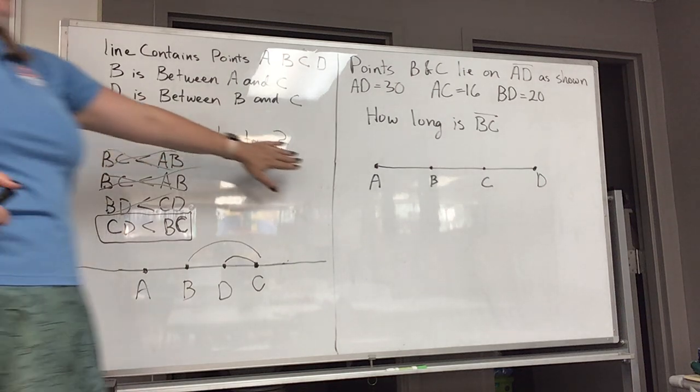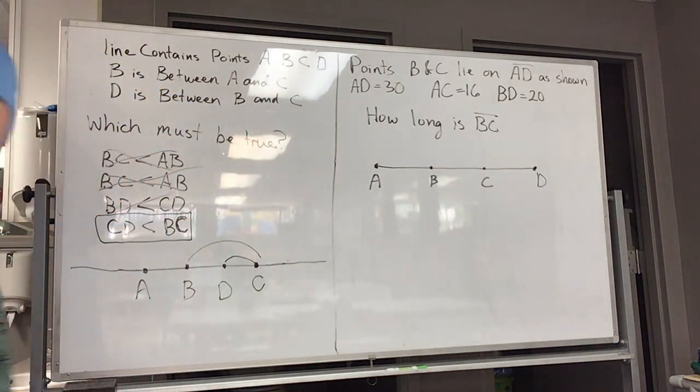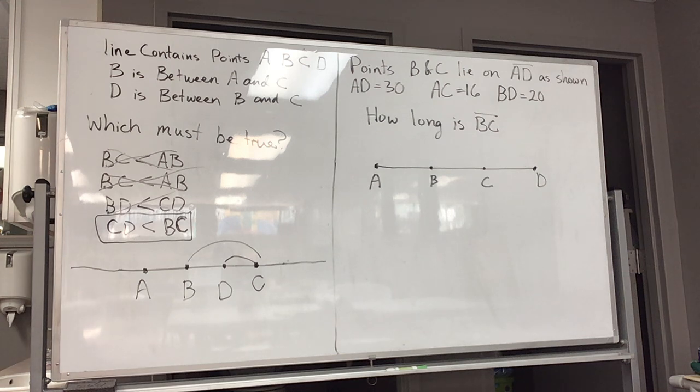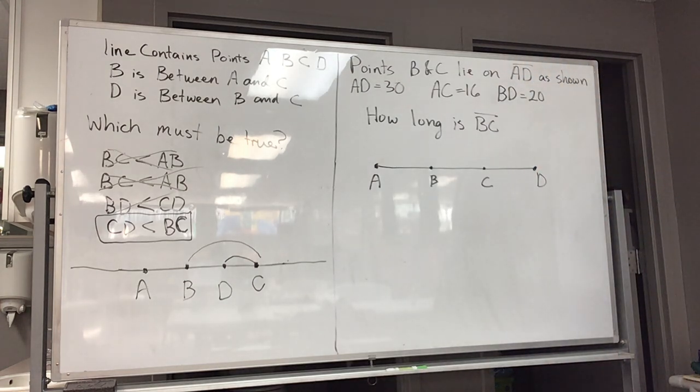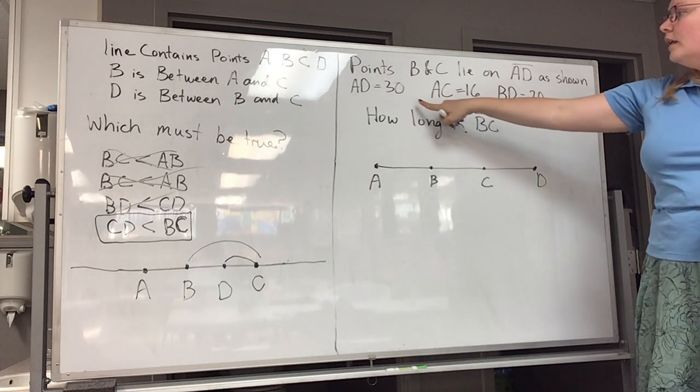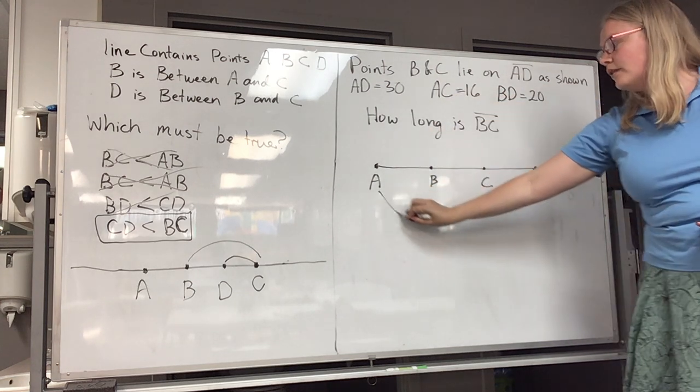They do give you the picture. Again, you can trust that that's in the right order. You can trust that the points are in the right spots, but you can't trust lengths. You can't just plop down a ruler and check it. So the way that I handle this is to recognize that the entire thing is 30.